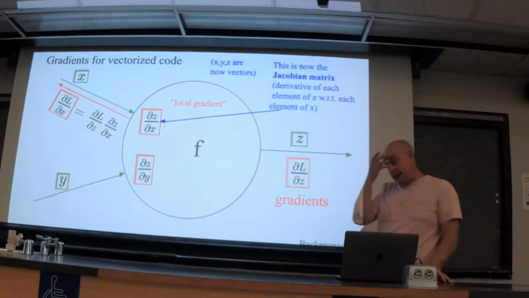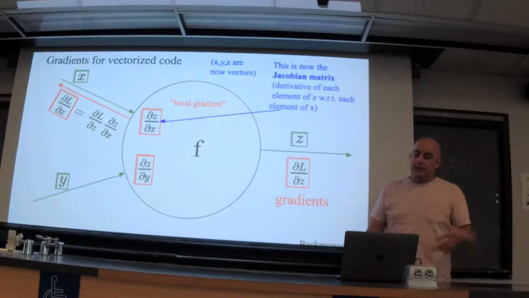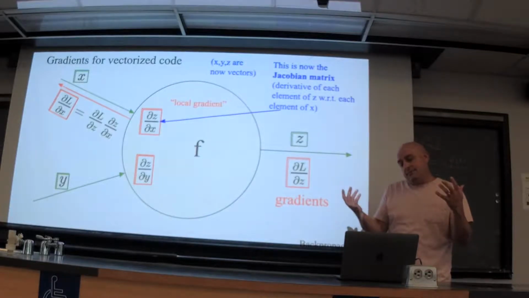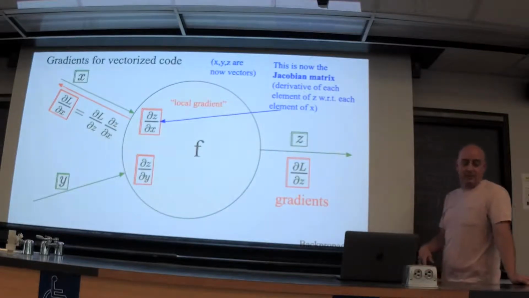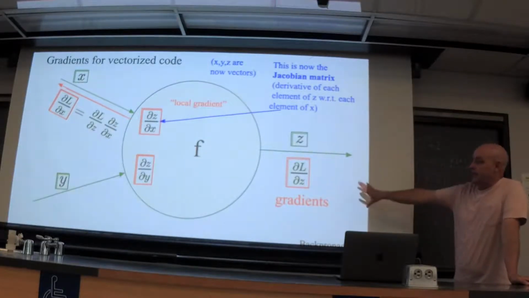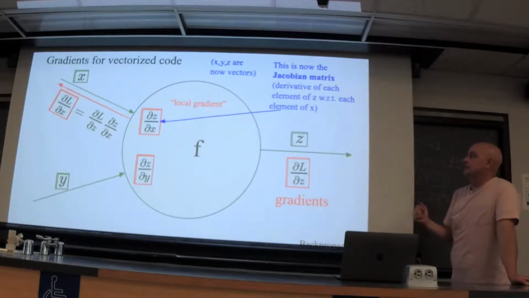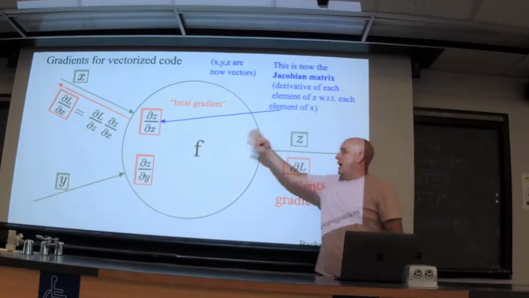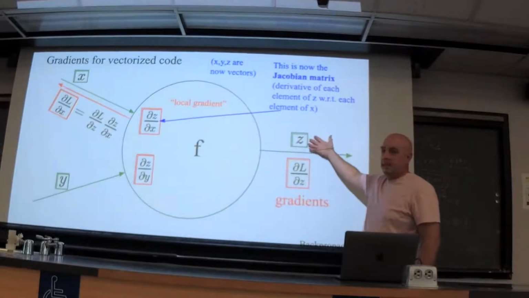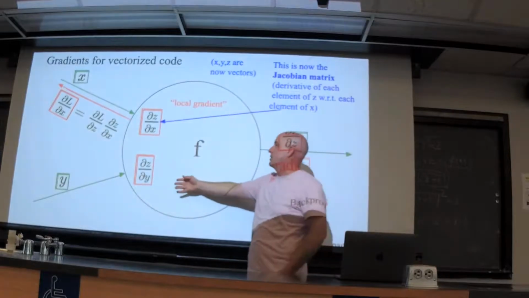I keep using the words gradient and things like that, which really apply to higher dimensional things. Usually that's how we talk about them, and it's fine that we talk about them when they're referring to one-dimensional things as a generalization. The idea here is to recognize that this whole algorithm still applies when x and y are multidimensional, z is multidimensional. We just have multidimensional objects for our gradients.